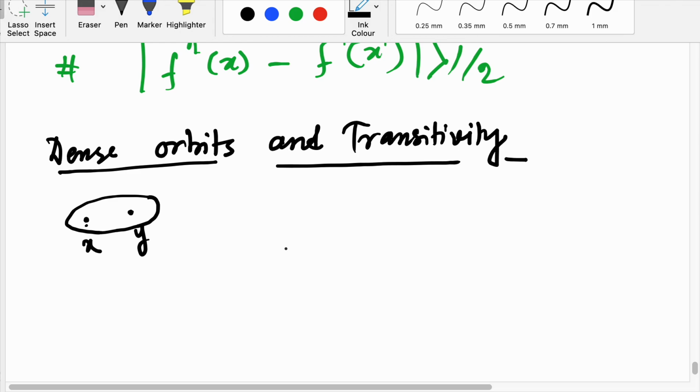But here one thing is missing: to prove chaos we always have to take two points. To see the chaos we have to take two points, because if we do not choose two points, we cannot see whether the points are becoming far apart from each other or not.